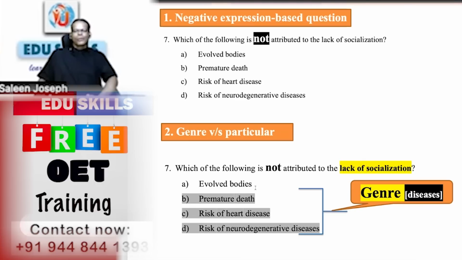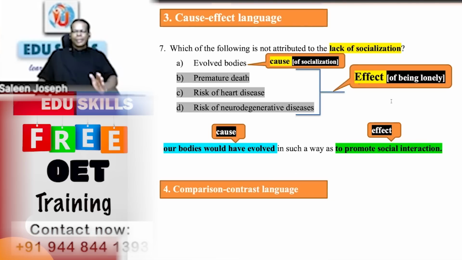So what doesn't belong to the brand will be the correct answer, because it's a negative expression based question where not is used. Do you get me? Three are connected with some condition, whereas the fourth one is a different category. This is a criterion they use in many questions.